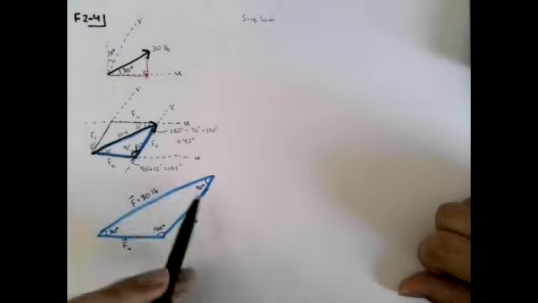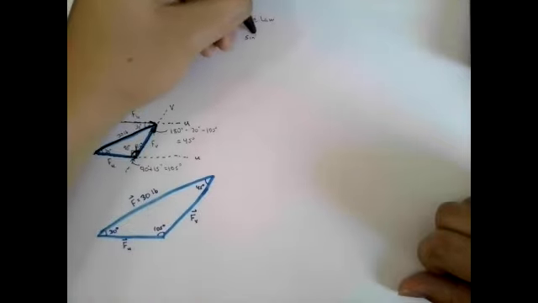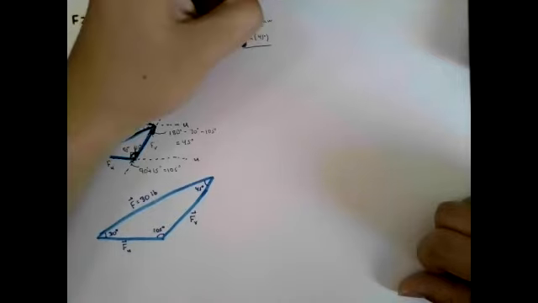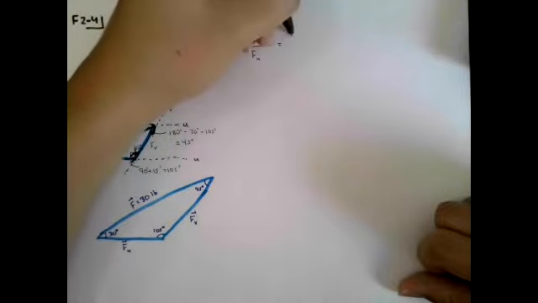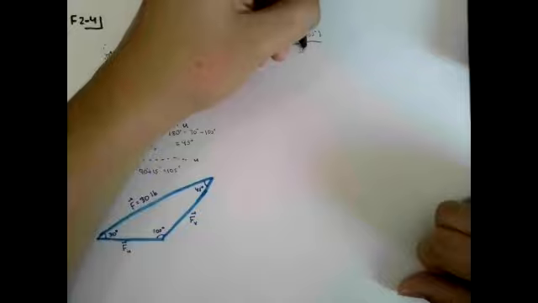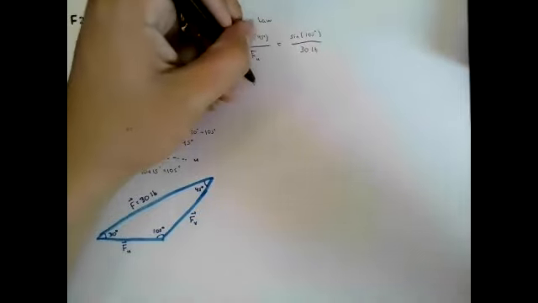I know that my sine law says that the sine of an angle, so I'm going to say sine of 45, divided by the magnitude of the opposite side, so divided by f sub u, should be equal to the sine of 105 divided by the magnitude of the opposite side, in this case 30 pounds.